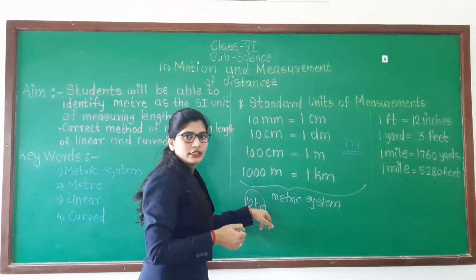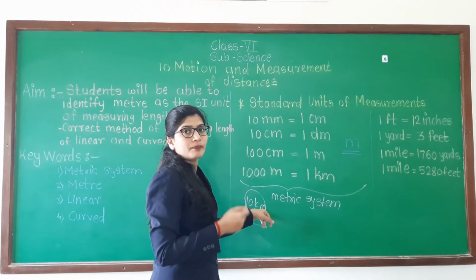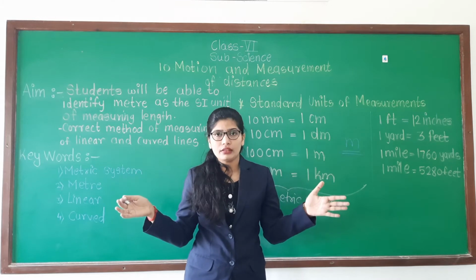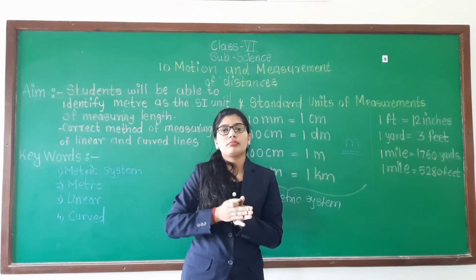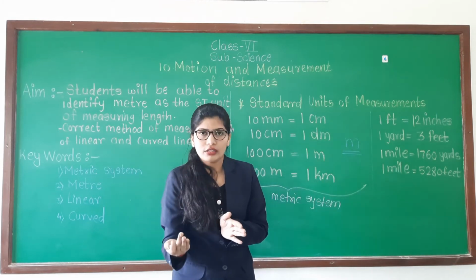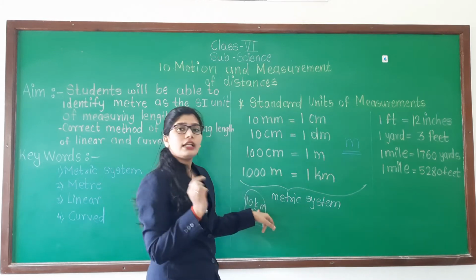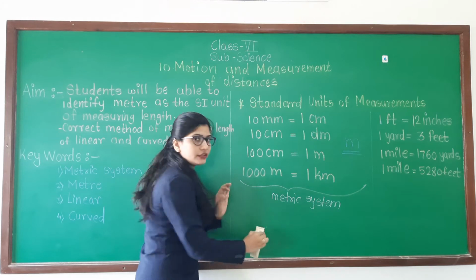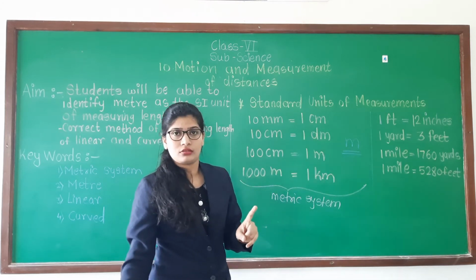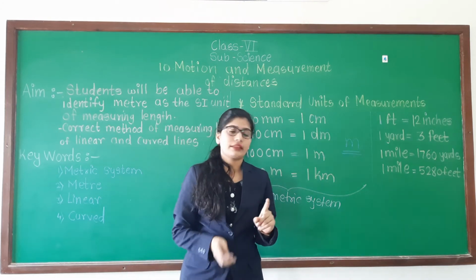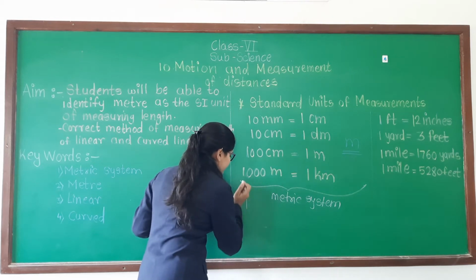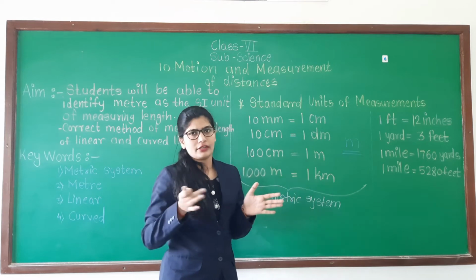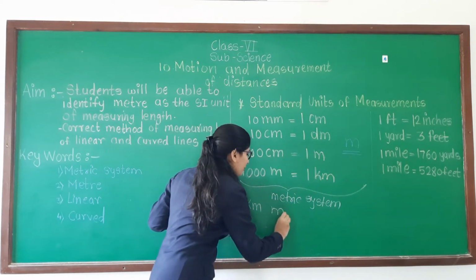So the length is given in kilometers, because if the distance is more, then we measure the length in kilometers. Are you getting my point? If the distance is small, we measure in meters.